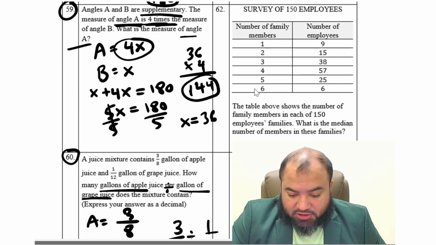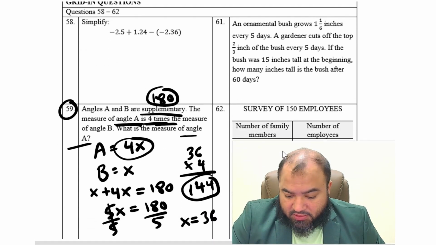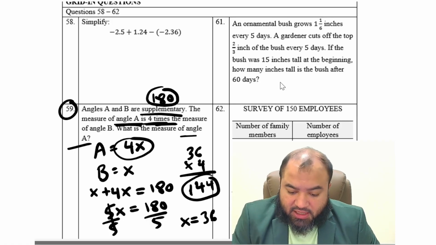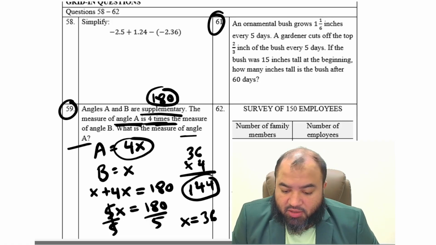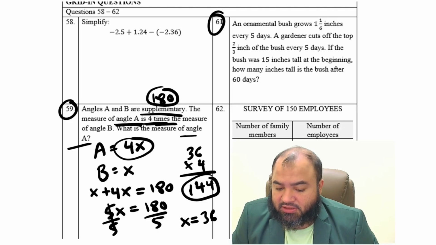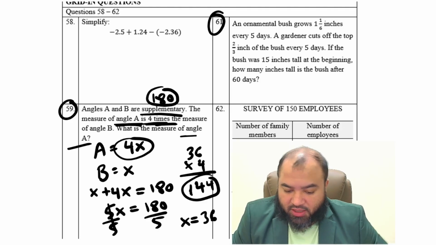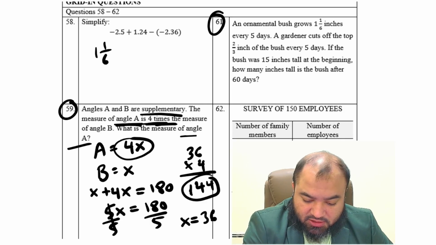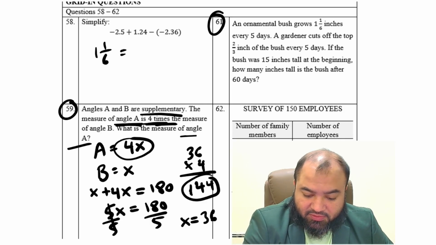Okay, the next question, number 61. This is where a lot of students got it wrong. So 61 says, an ornamental bush grows 1 1/6 inches every 5 days. Okay, I'm going to do it on the left side. So the growth is 1 1/6 every 5 days.